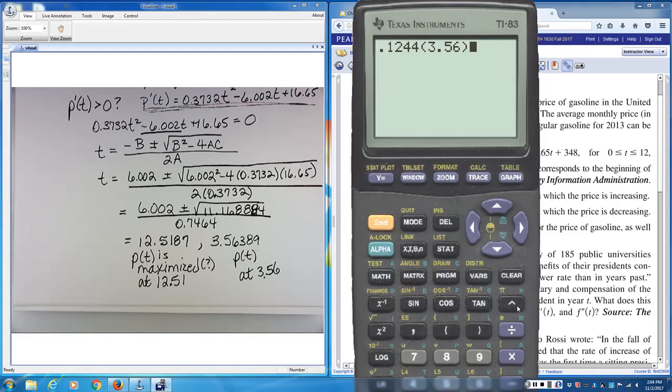So that's 3.56 cubed minus 3.001, again, times 3.56 squared plus 16.65 times 3.56 plus 348.